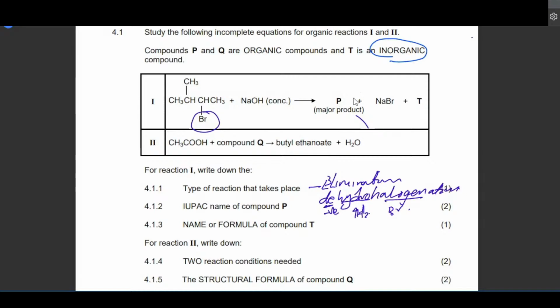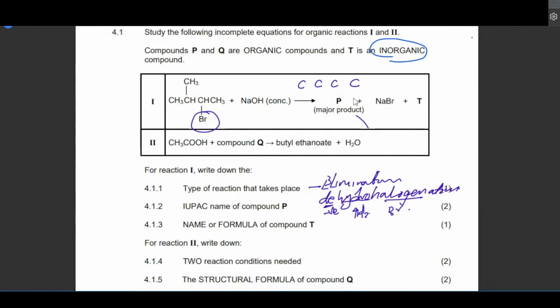Because I have 1, 2, 3, 4, 5. It's going to follow the mechanism, so this one goes down, this one goes up, so it's going to form here. 1, 2, 3, 4.